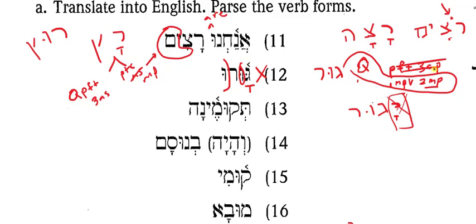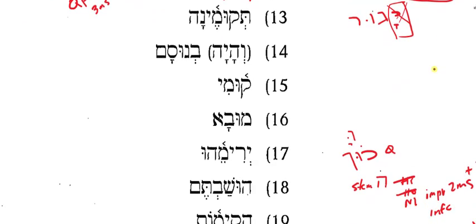All right. So with that in mind, go to 15. Go to 15 and look at Kumi here. Kumi. How many consonants do we see? I only see two, don't I? This looks like kof, mem, and what's the middle letter if it's a hollow verb? U. Yeah, shurik. Kum.